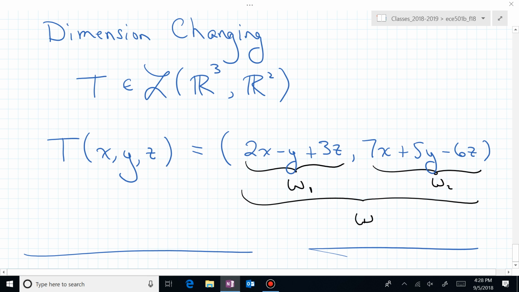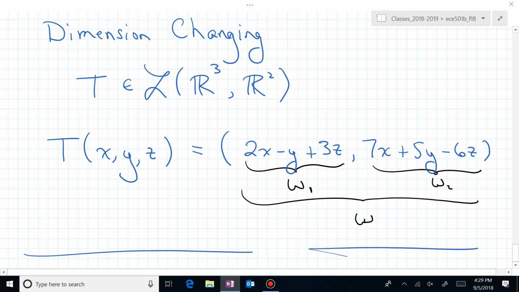I have an x coordinate, a y coordinate, and a z coordinate. Now how many coordinates do I have in the output? I just have 1 comma, so I'm splitting it into 2 pieces. Each of those pieces is a linear combination of the 3 coordinates of my input vector.